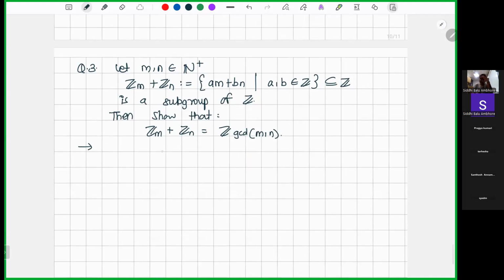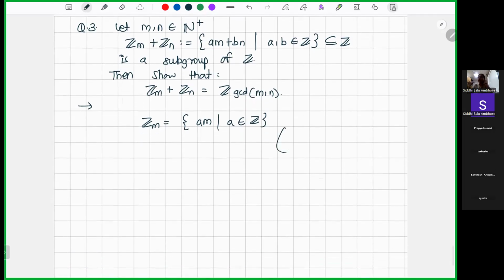Okay, we have to show this, but I hope you know what Zm means: the set of all the multiples of m. And when we take this Zm plus Zn, it is actually the sum of elements from the two sets.